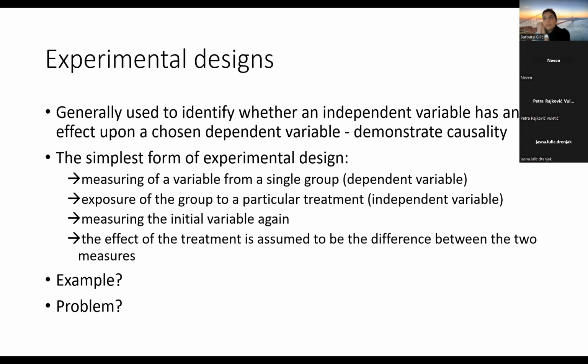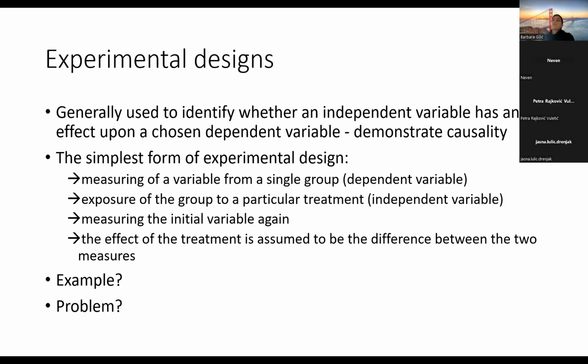Experimental design is probably the most precious design in sports studies, because it's also probably the most difficult to obtain. It is generally used to identify whether an independent variable has an effect upon a dependent variable, and this is used to determine or demonstrate causality between those variables.